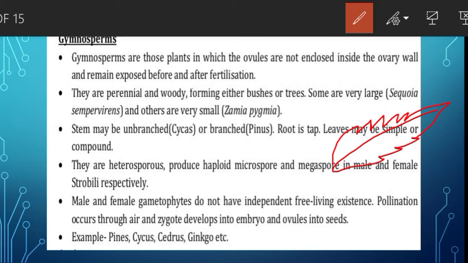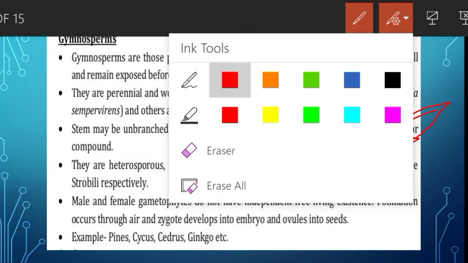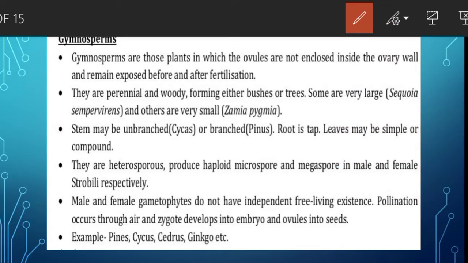Such leaves are called simple leaves. Now if the incision reaches the midrib, and due to that there is formation of leaflets, such type of leaves are called compound leaves. So in gymnosperms the leaves may be simple or compound.